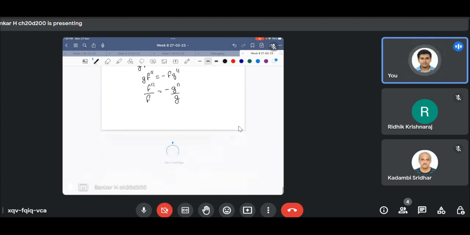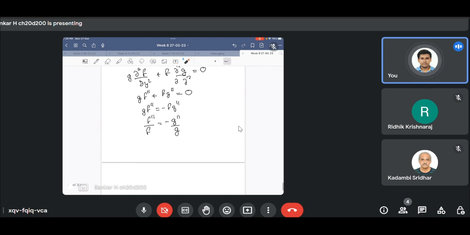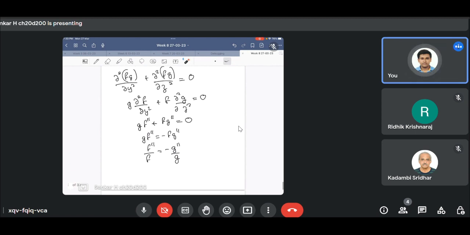So what I have obtained here in this equation is that the second derivative, f double dash by f, the variation of f in y, and the variation of g in z, the second differential of f and g, is coming out to be the same. That means the only way this equation f double dash by f equal to minus g double dash by g can hold true is if this is equal to a constant.